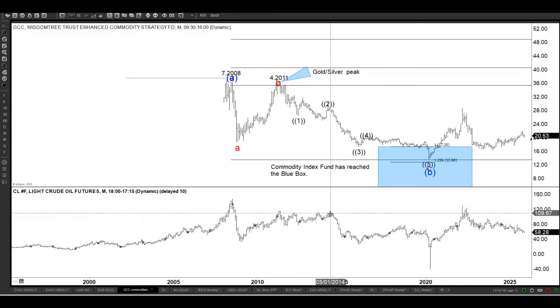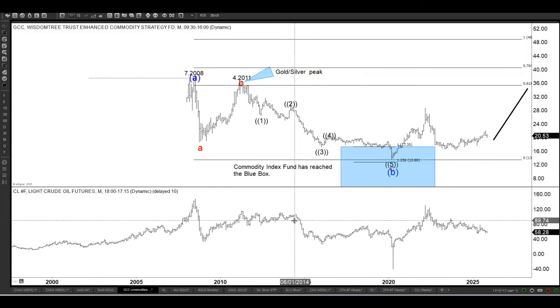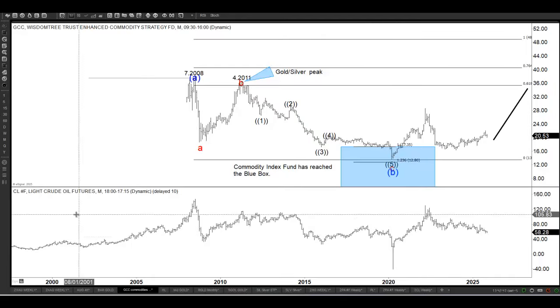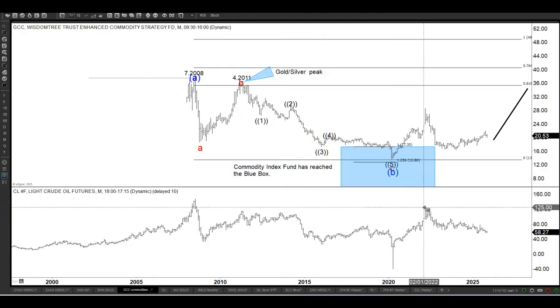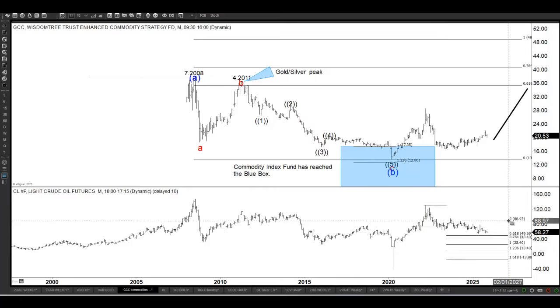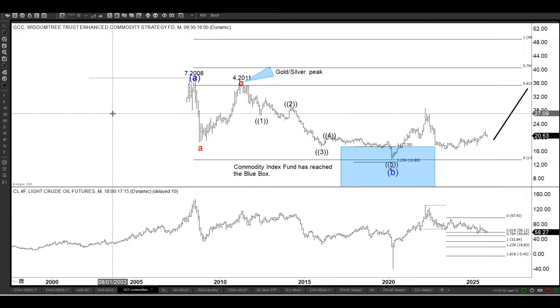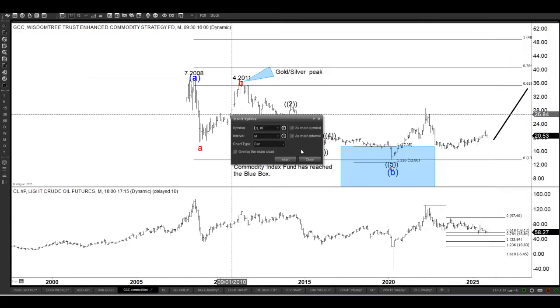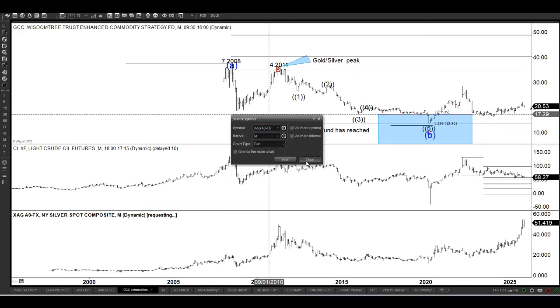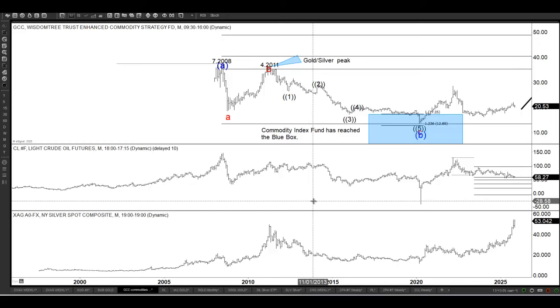You see the peak together, the bottom together, but it's waiting for oil to finish this correction in order to rally. But when this rallies, believe me, gold isn't going to drop, silver isn't going to drop. You're going to see it here. They're going to be supported.